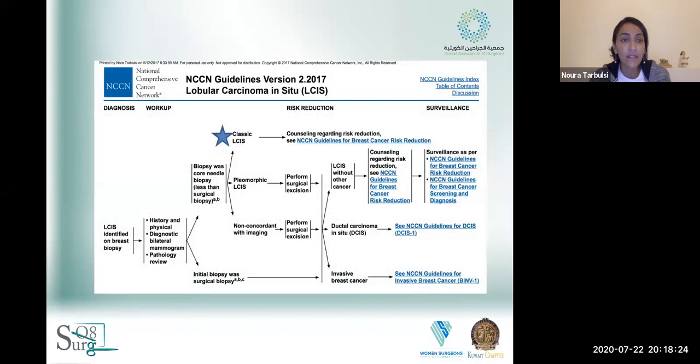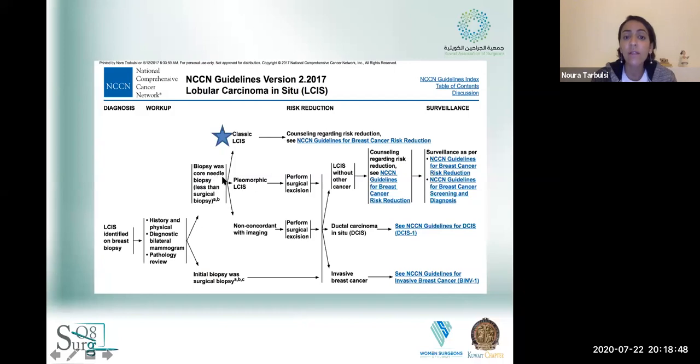Here are the NCCN guidelines. So if you identify lobular carcinoma in situ on a biopsy, and there is nothing else, like you saw something that explains the microcalcification, for example sclerosing adenosis, and you saw incidentally classic lobular carcinoma in situ, then this is the classic LCIS, and we're going to talk about how to manage it.